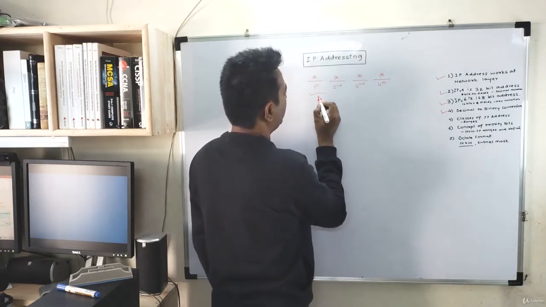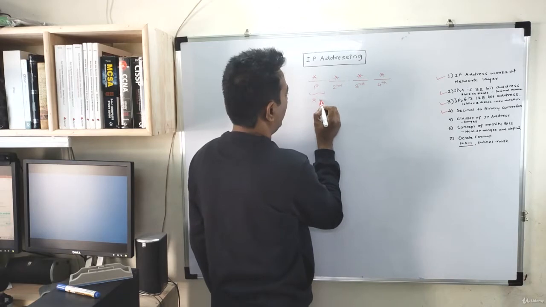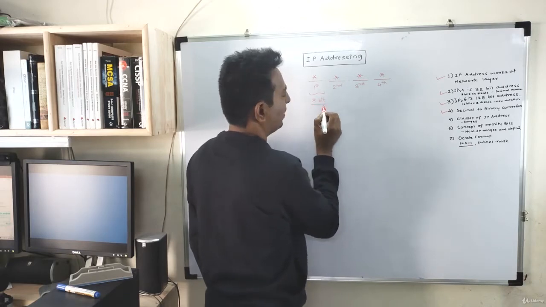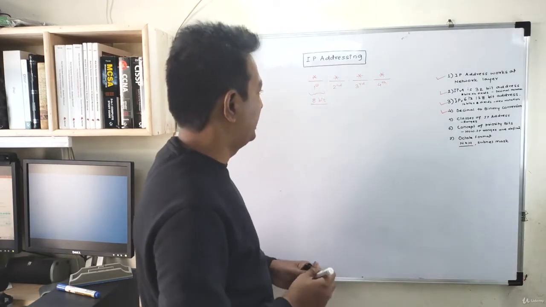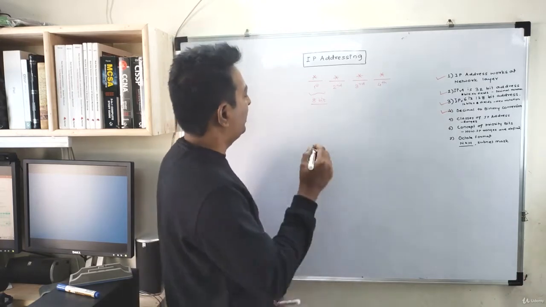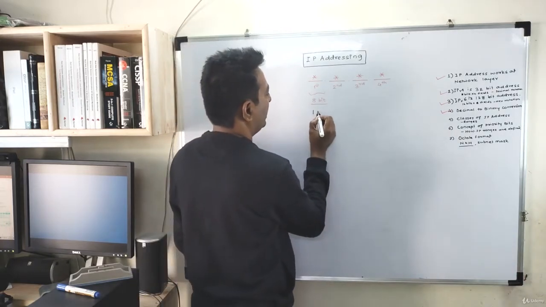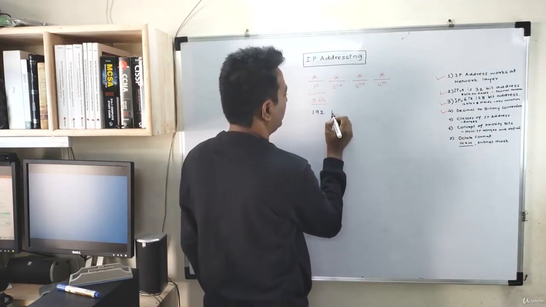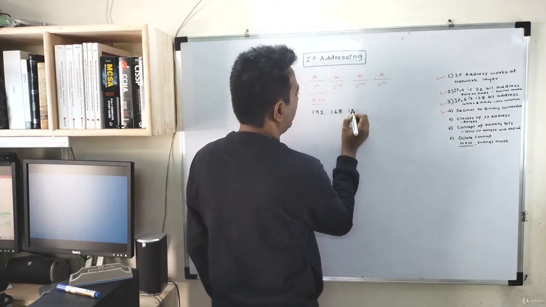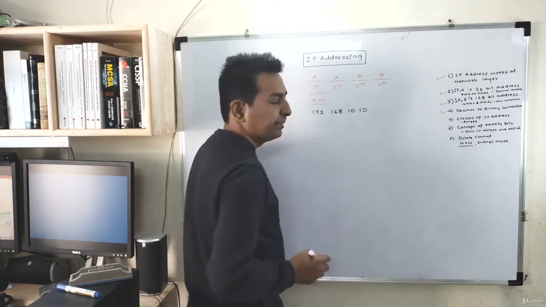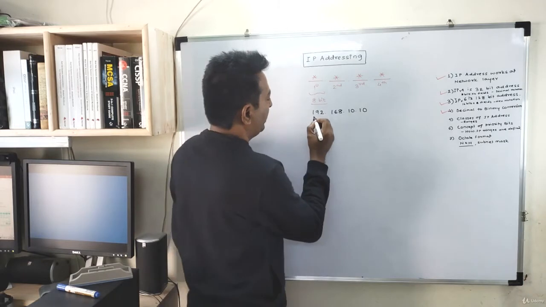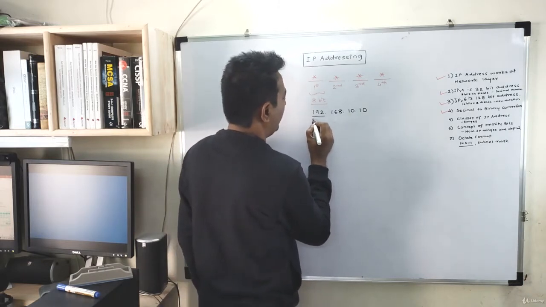And each field of the IP address is of 8 bits. So friends, now consider I have written an IP address 192.168.10.10. So this is a decimal number.